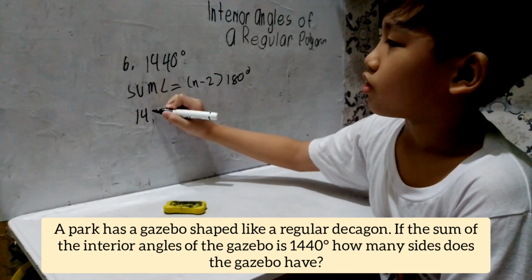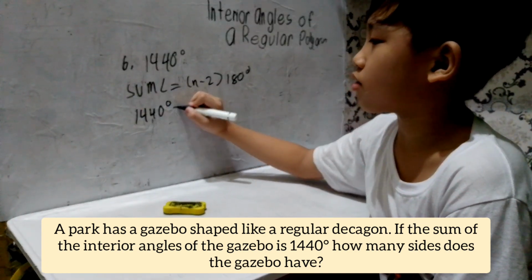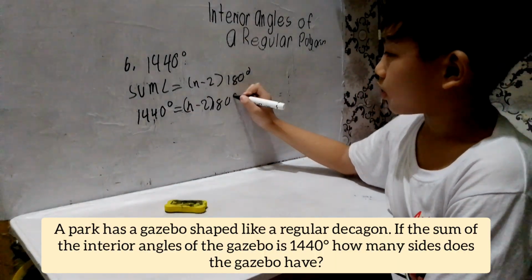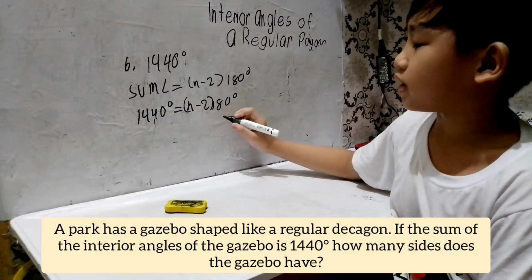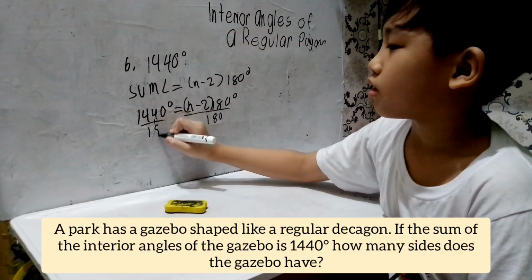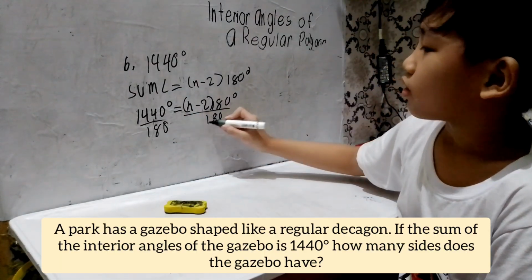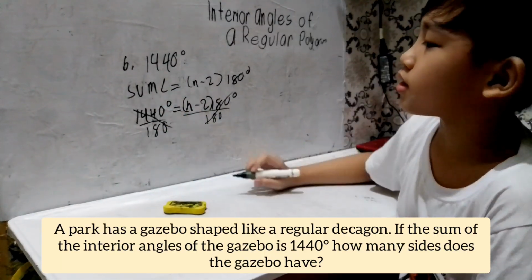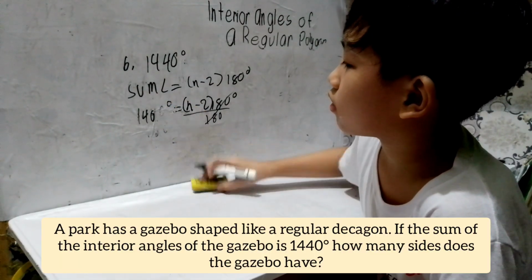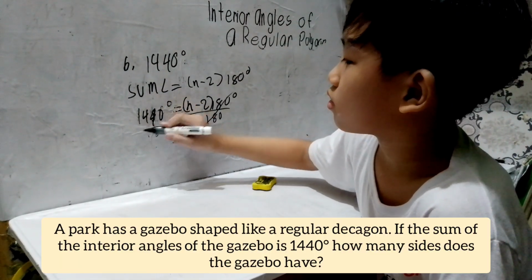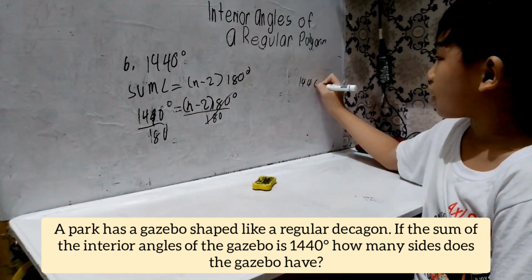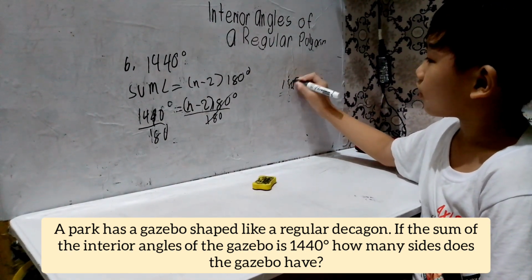So let's change the sum into 1,440 degrees equals n minus 2 times 180 degrees. Now let's divide 1,440 by 180.